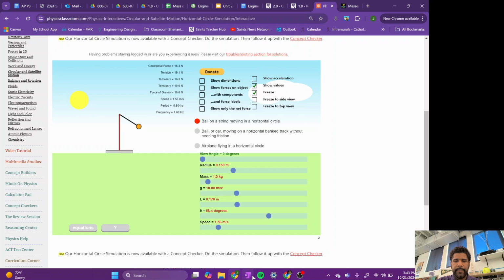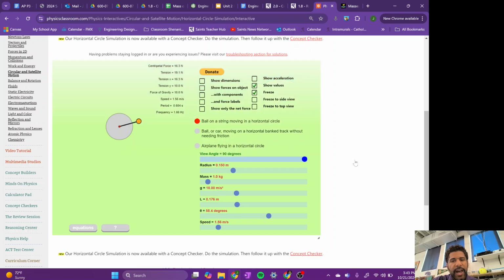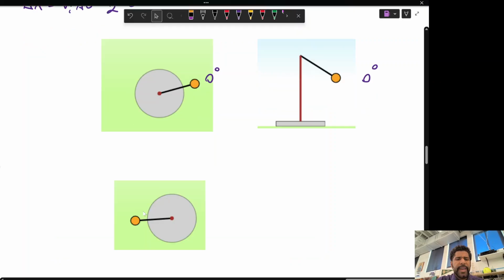Now, if I rotate to the other side, we have made how much of a rotation? How many degrees have we gone through in that time period? Its new position is going to be pi.